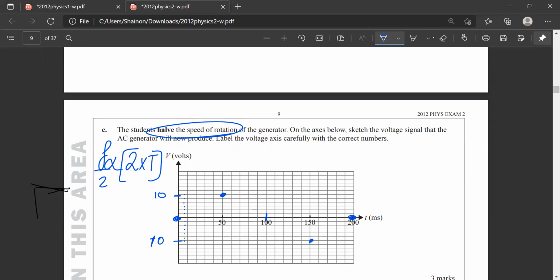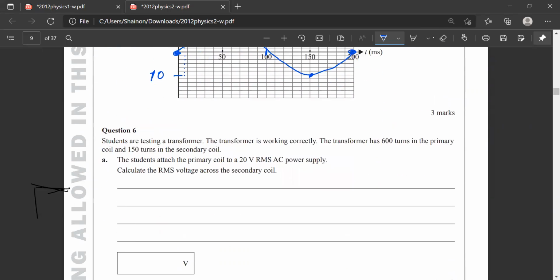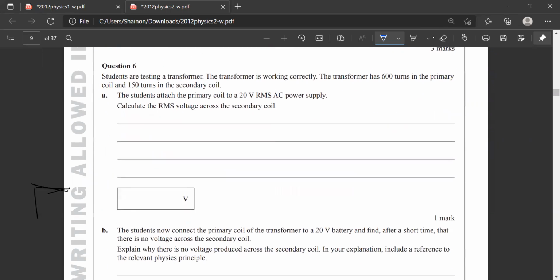There we go. It's going to go like this.